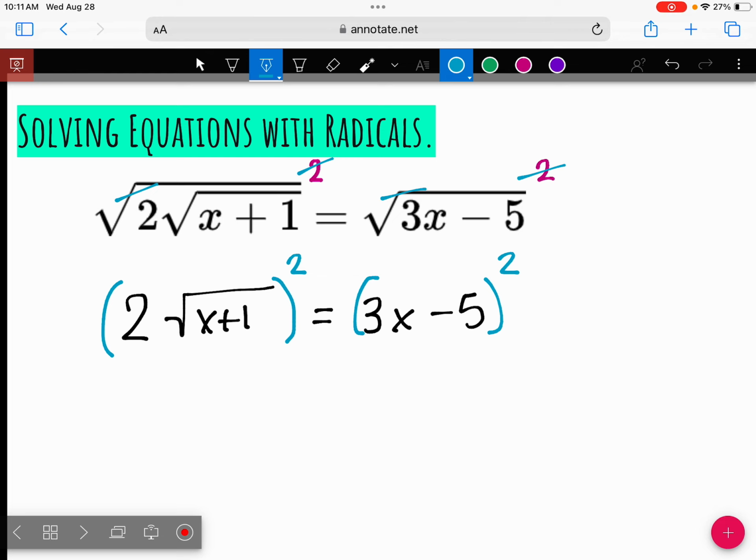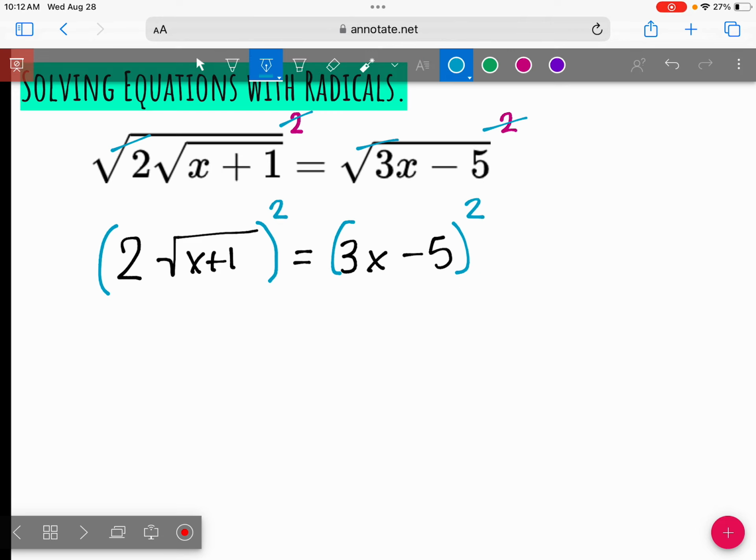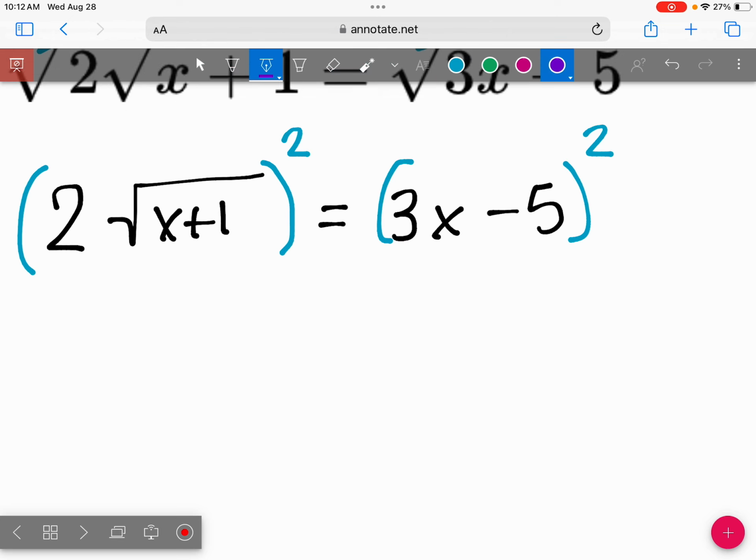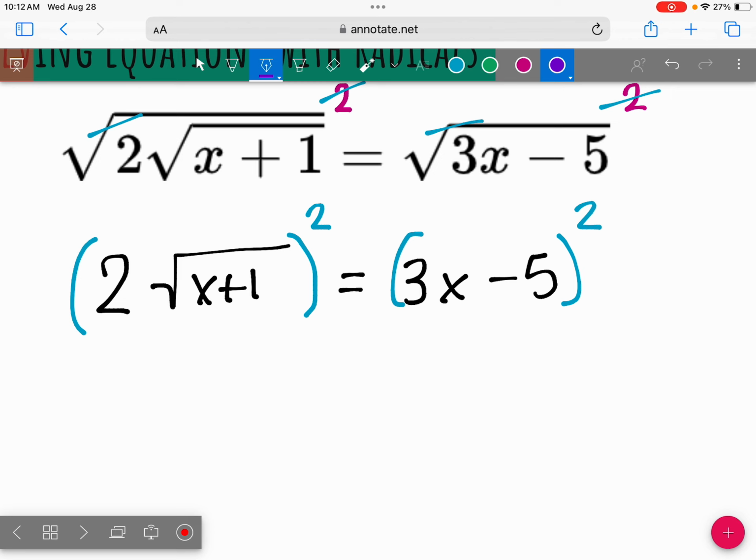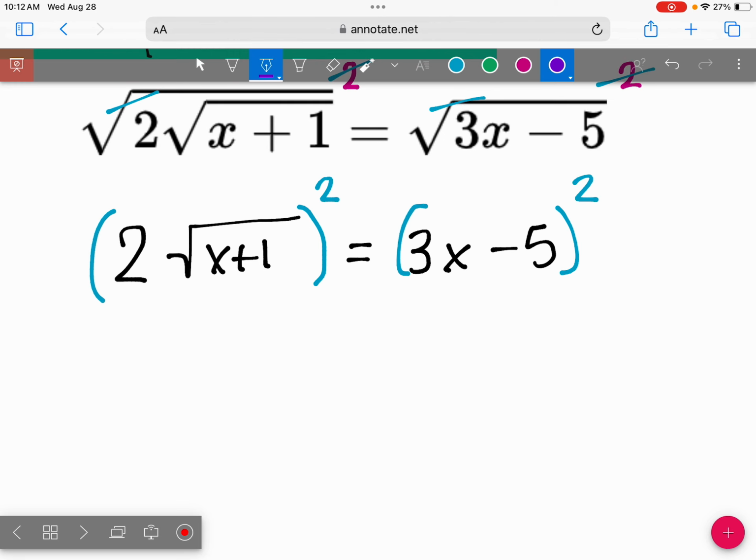If you are a pro with fractions, you can absolutely divide and then square, totally fine. But that is honestly way harder and super gross. If you get through it and get the same answer as me, you were good to go. All right, so when I square my left-hand side, what do we get?